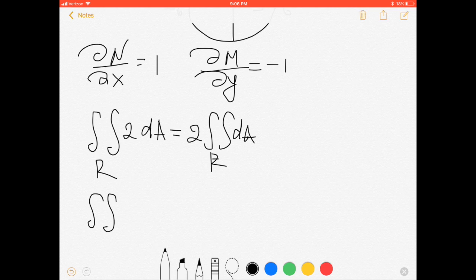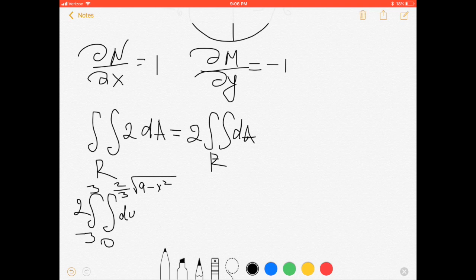How is x changing? X changes from negative 3 to 3. I'm doing it twice because I'm looking at half of the ellipse. And how is y changing? Y changes from 0 until this curve. The curve will be 2/3 square root of 9 minus x squared.